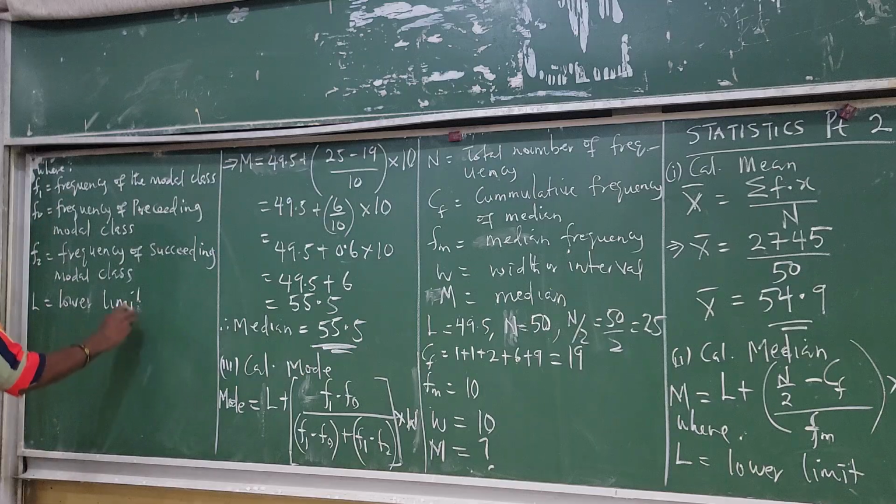L is the lower limit, and W is your width or interval, and your M is your mode.